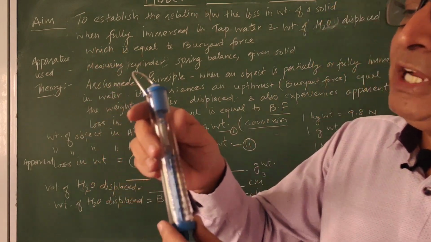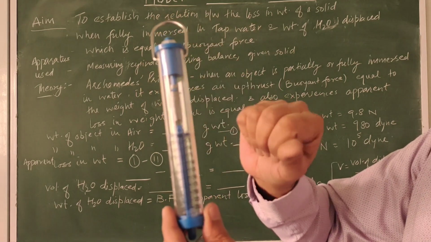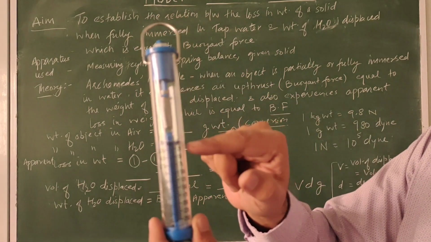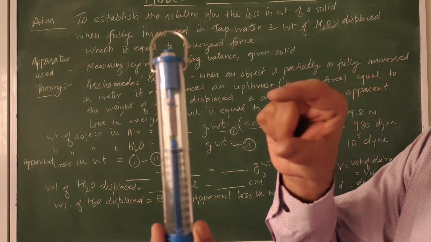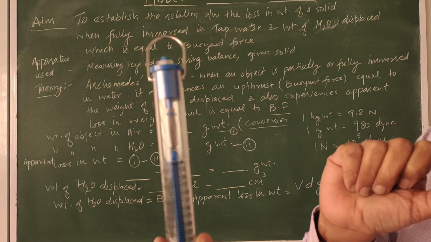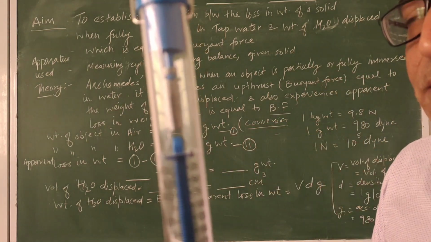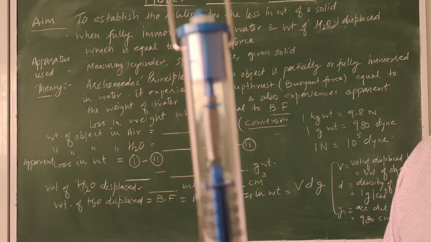Here also we have to find the least count. You are seeing two divisions which are marked 0 and 25, 25 and 50. In between two bigger divisions there are 25 grams, and in between those there are 5 small divisions. So one small division is equal to 5 grams.